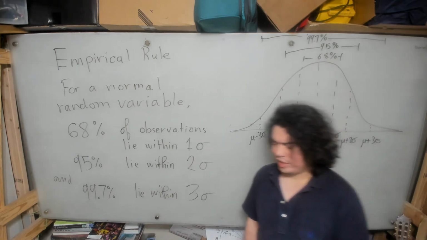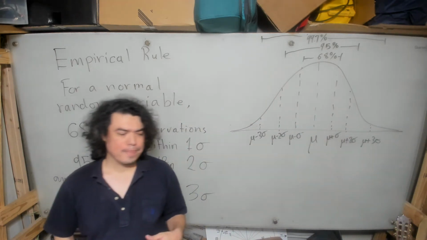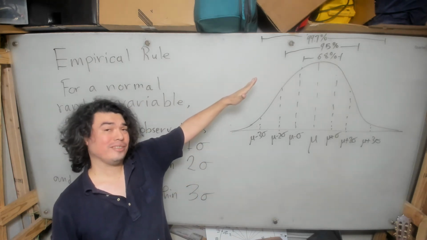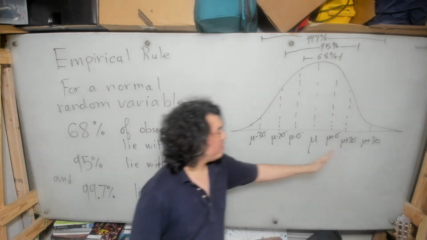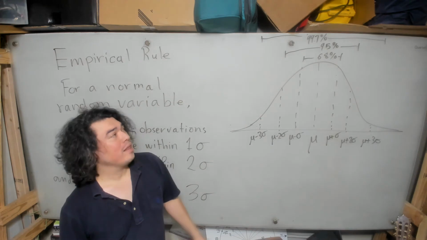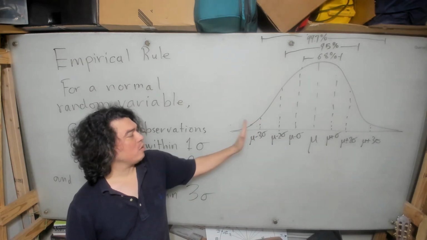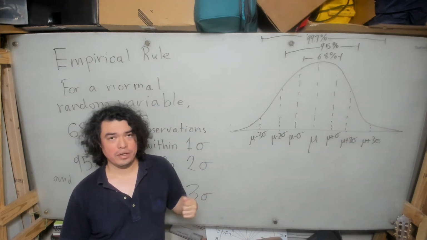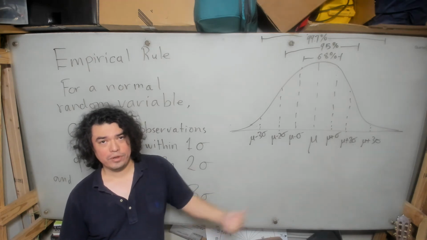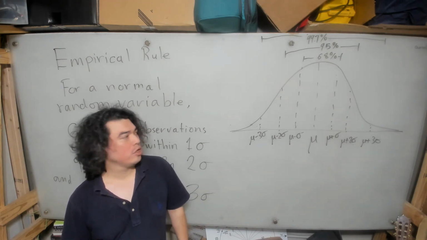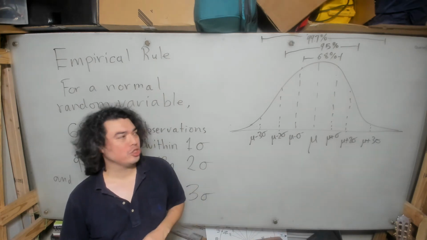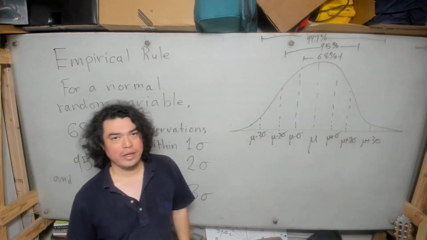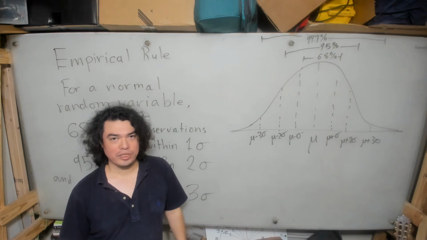Another thing I want you to know is this. What I want you to notice is that if 99.7% of the observations should lie within 3 standard deviations, you can see right away that only 0.3% lie outside on this side and outside on the other side. So in other words, if you have a sample from a normal distribution, if you take some value from a normal distribution, you're going to get a value in here almost all the time, because you have 99.7% of the possibilities in here.